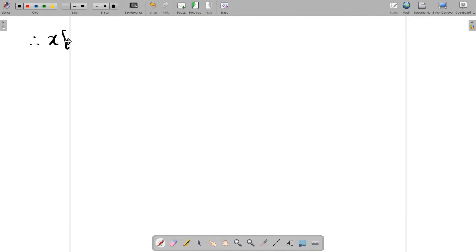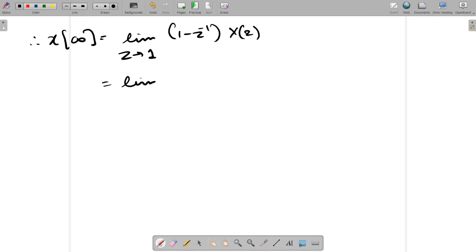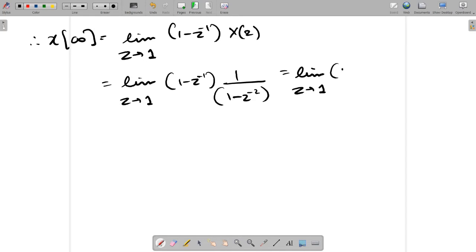Therefore, x of infinity is equal to limit z tends to 1, 1 minus z inverse times x of z. So limit z tends to 1, 1 minus z inverse times x of z, which I have got as 1 upon 1 minus z to the power minus 2. That is limit z tends to 1, 1 minus z inverse. How do I write 1 minus z inverse?